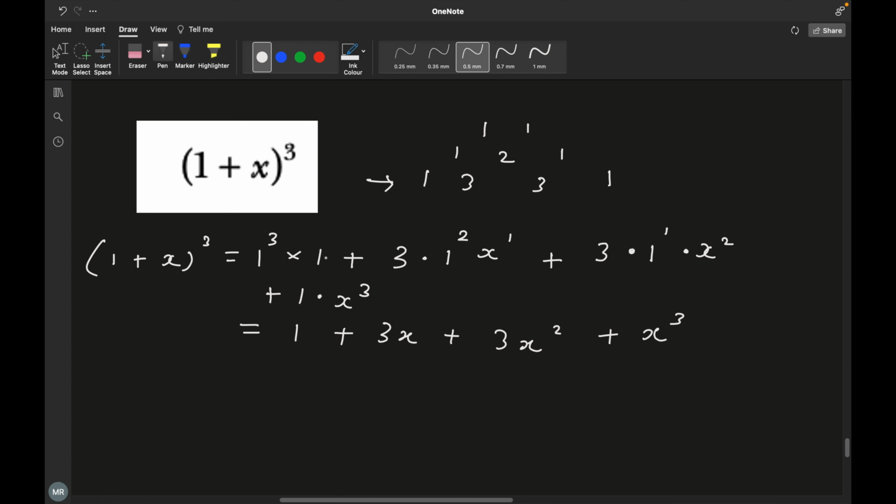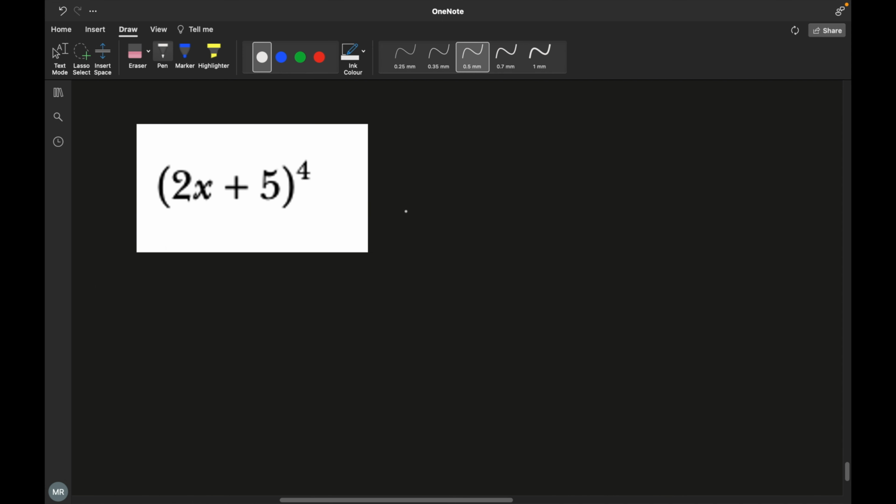Let's use the same Pascal's triangle. So this is 1, 4, 6, 4, 1. I'm just going to rewrite this here. So 1, 4, 6, 4, 1.